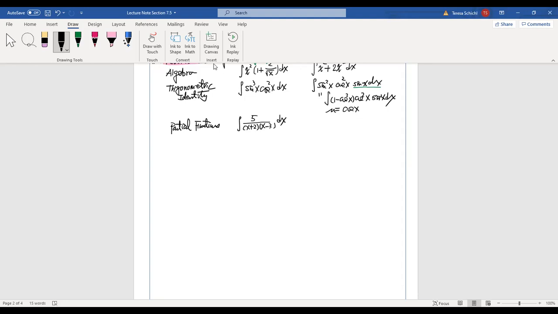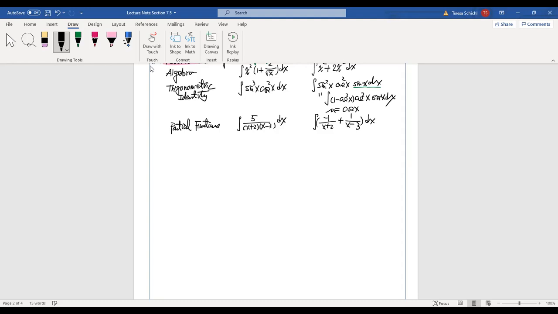That means you separate this into rational functions, and then you'll be able to integrate. So after you break down, you will have 1 over x plus 2 dx, and plus 1 over x minus 3 dx, right?